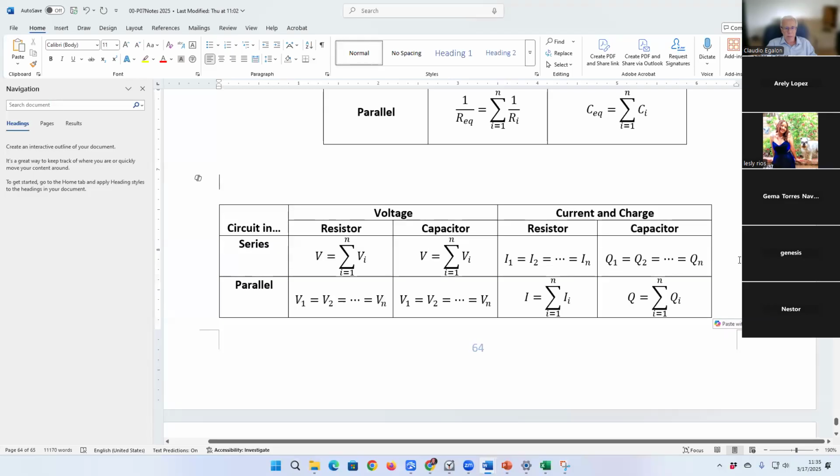And whenever you have resistors in parallel, the net current is going to be the summation of the current through each resistor. Similarly, whenever you have capacitors in parallel, the net charge is going to be the summation of the charges in each capacitor.